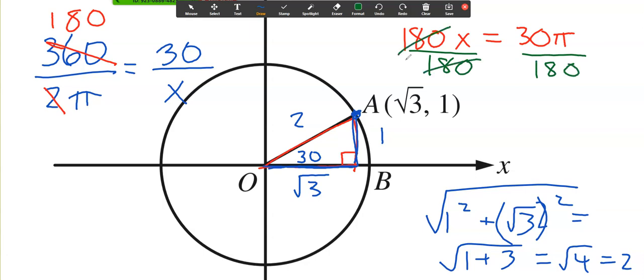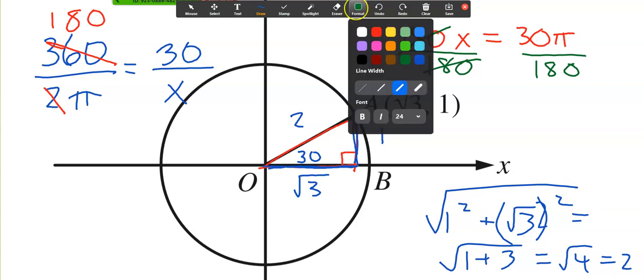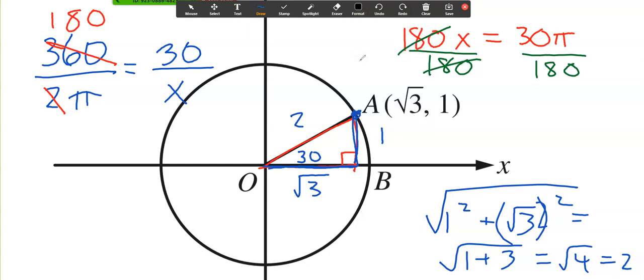Is there anything that goes into 30 and 180? Well, 30 goes into both. Now, if you knew that 30 goes into both, that would make my life super easy because then I would have 6 on the bottom.